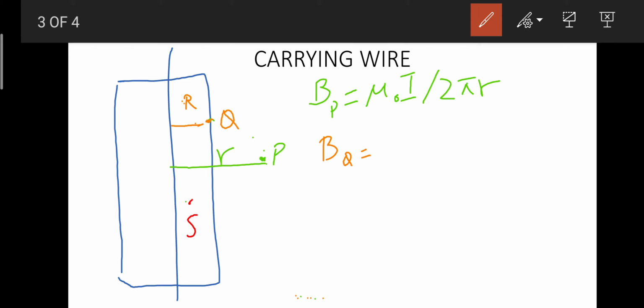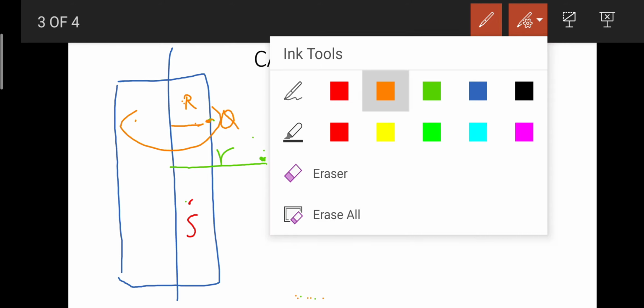Again, I will draw the Amperian loop like in this condition, and then again the same thing will happen, and the final result would be mu naught I over 2 pi r. Obviously, we are not choosing small r this time, we are choosing it to be capital R, so the value would be replaced. What happens inside the wire or the conductor is the main thing which you should know.